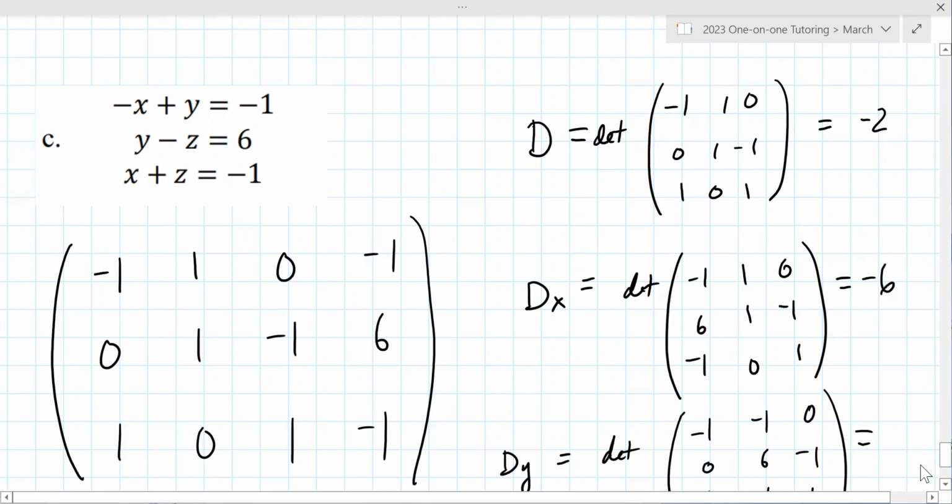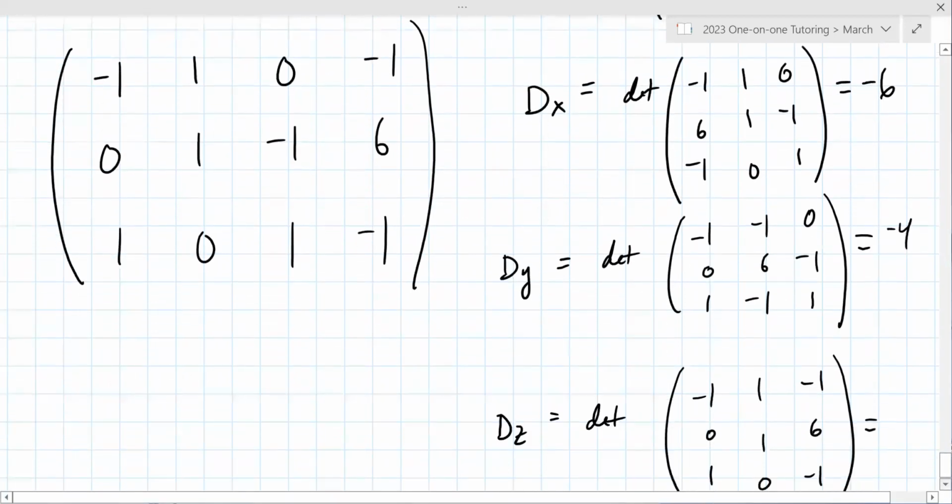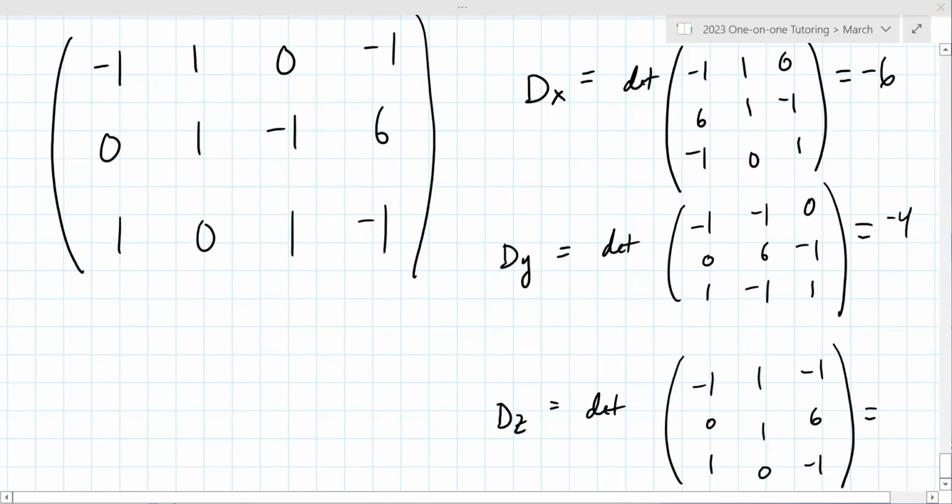This ends up equaling -6. Then -4. This one's 8. Okay, they all worked out nicely, which is kind of expected.